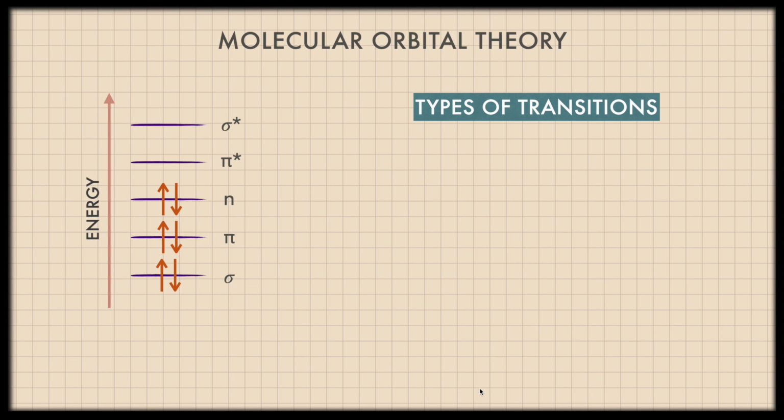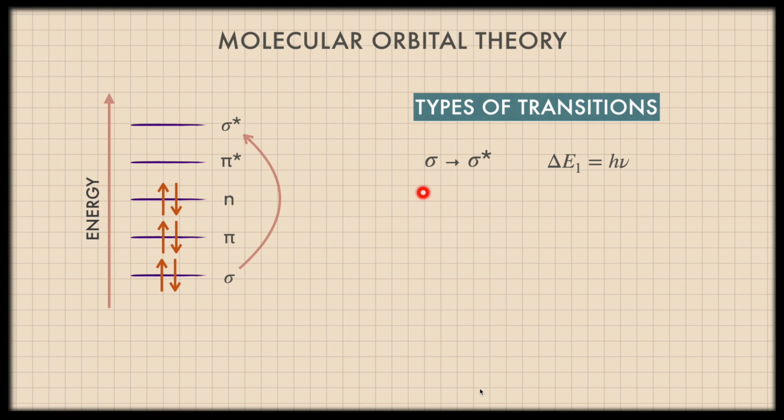Now in a molecule containing all the electron systems, the sigma, the pi, the non-bonding, there can be these types of transitions. So the electron, if you have enough energy, can jump from the sigma to sigma star, but that is usually a very high energy transition.